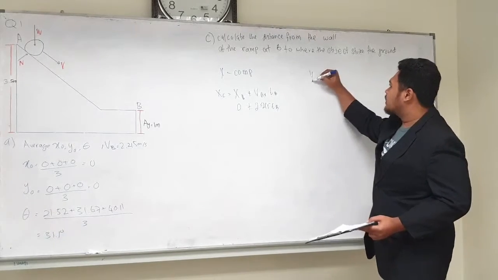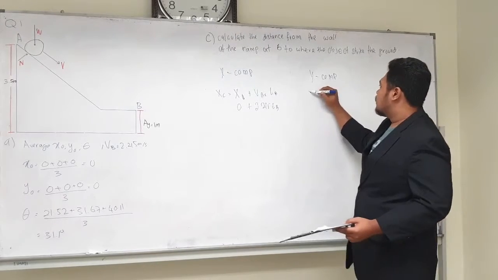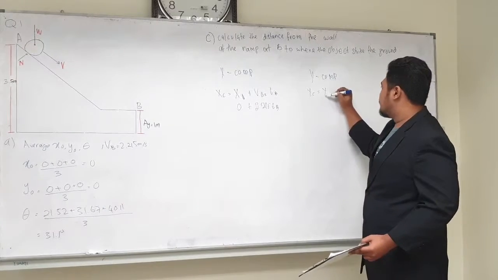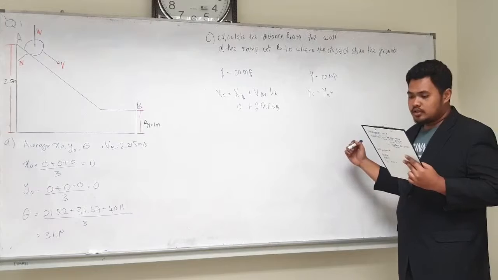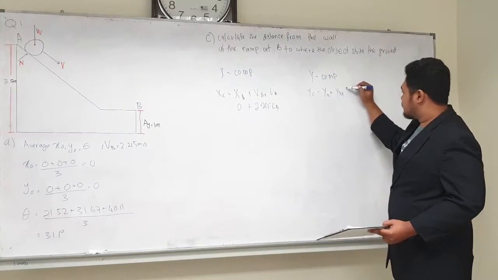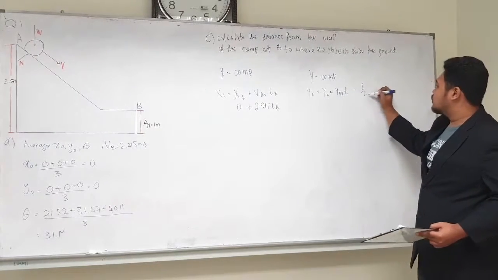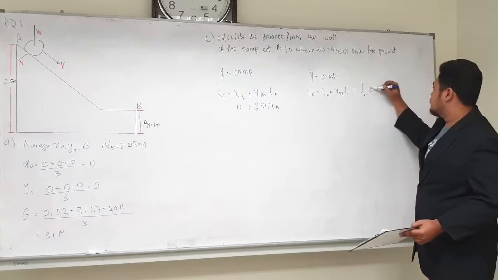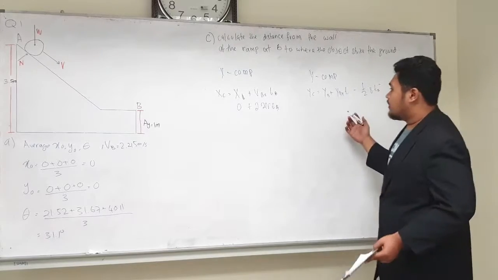So for the y component, the formula is yc equals yb plus vby times t minus 1/2 g tb squared.